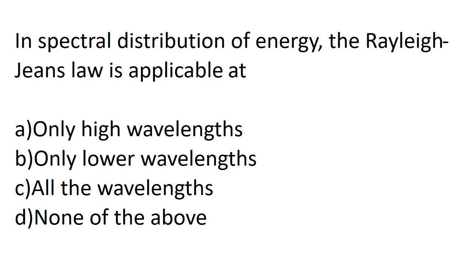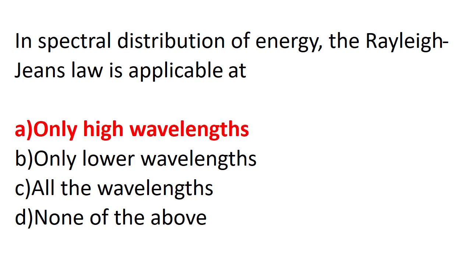Similar question, in spectral distribution of energy, the Rayleigh-Jeans law is applicable at, options are same as for the previous question. The Rayleigh-Jeans law is applicable at only high wavelengths.